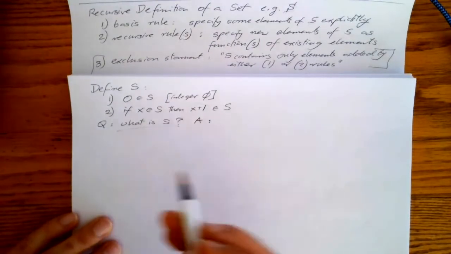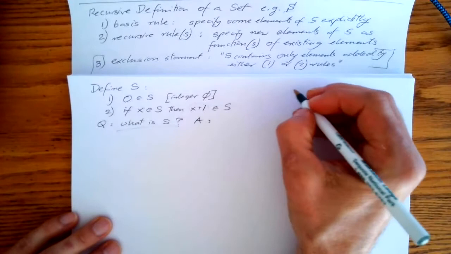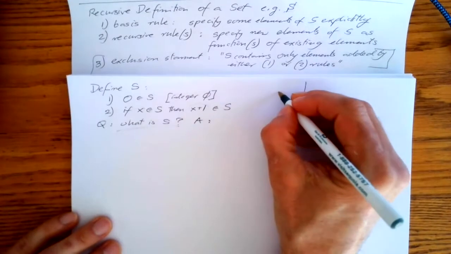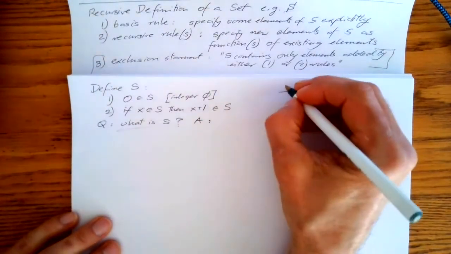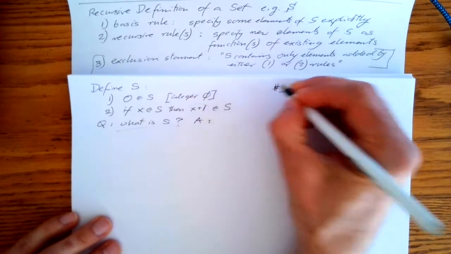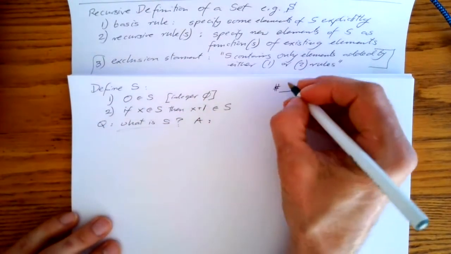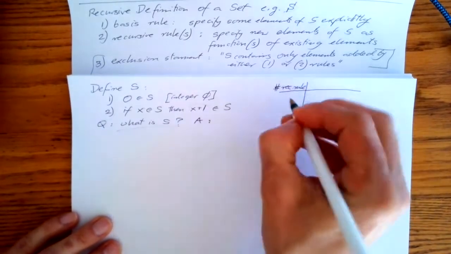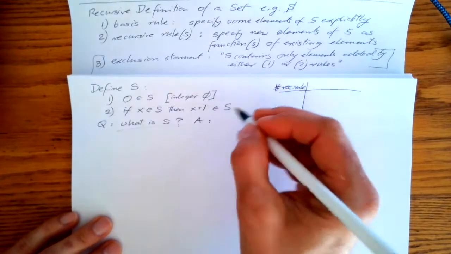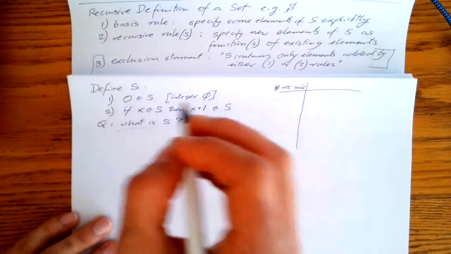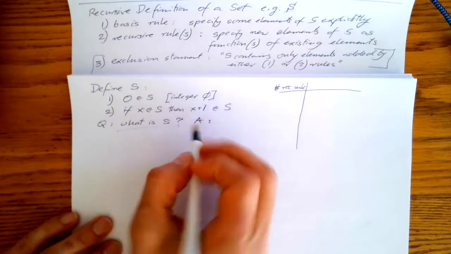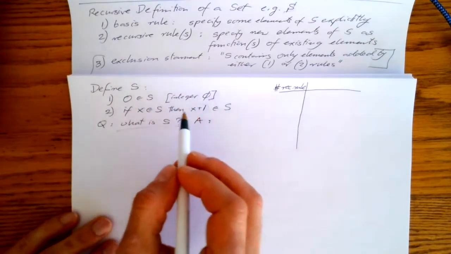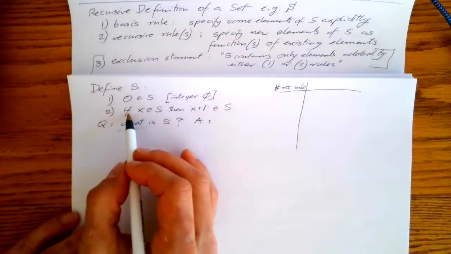Okay, let's see. How do you tell what set is built by this? So here's the general blueprint for how you can work with recursive definitions. Tell yourself how many times you are using the recursive rule to build elements into the set, because set S contains everything that is built by these rules, either the base or the recursive.